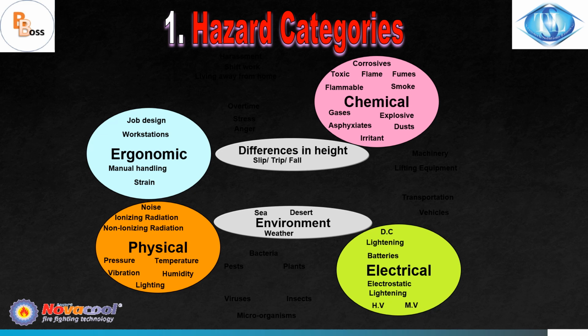Static electricity also: you touch a metal doorknob and you feel a small shock, or you shake hands with somebody and then you get a shock. This small spark, believe it or not, can explode a whole refinery or plant. If it came across, this spark can ignite a flammable gas cloud that leaked somewhere in the plant.